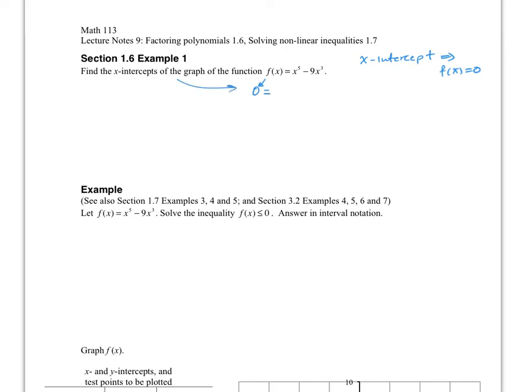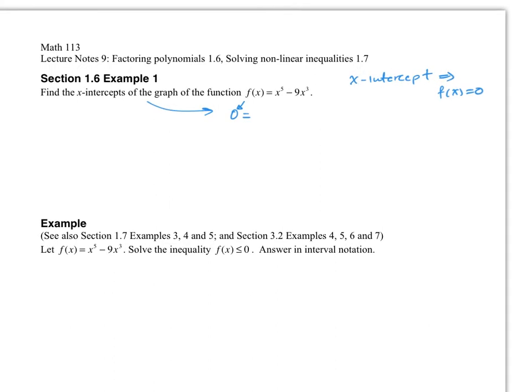Here, you can factor x cubed, so this will be x squared minus 9. So this is x cubed, x minus 3, and x plus 3. Therefore the solutions, or the x-intercepts, are 0, 3, and -3.